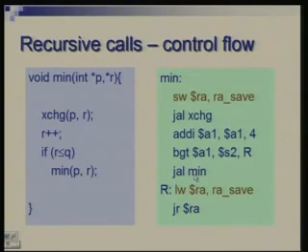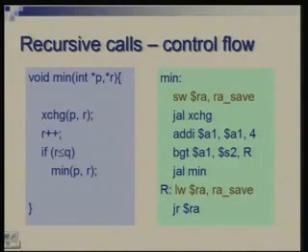Now let us move a step further and go for what is called a recursive call, which means a procedure directly or indirectly calls itself, so a cycle is formed. We have changed the loop which was inside min into recursive calls. It is not necessarily improving the program, but just for illustration I have rewritten it as a recursive call.